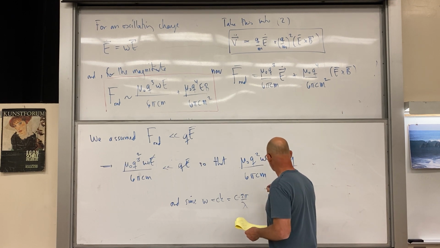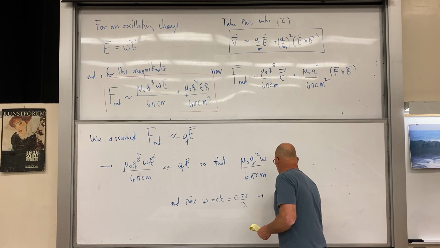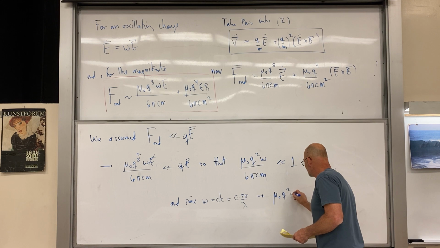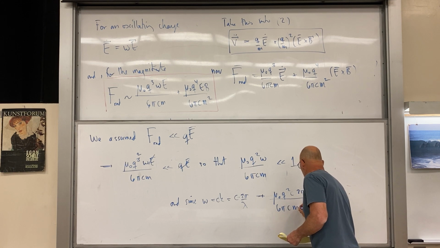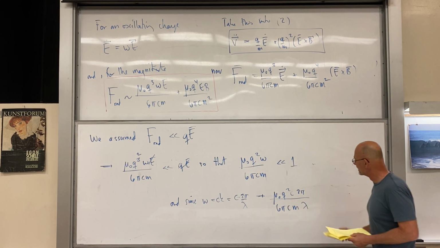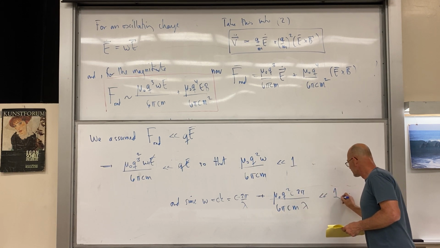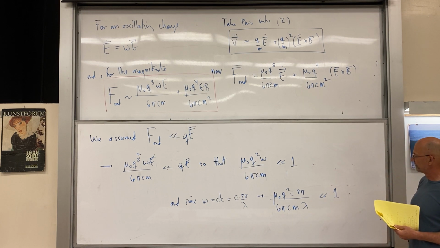So let's go ahead and put that in there. We get mu naught q squared c 2 pi over 6 pi c m lambda, much less than 1.